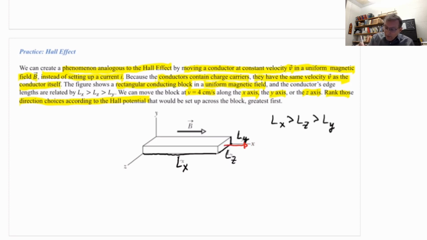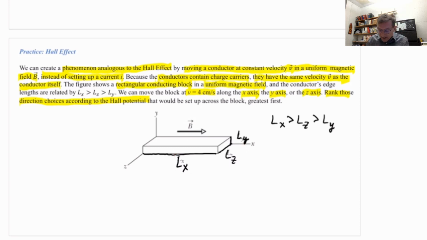Or if I were to move the block along the y direction, that means the v of the block as a whole is that way. Or if I move the block along the z direction, then the v of the block as a whole is along that way. Those are the things we're going to do. Those are the ways we're going to move the block.